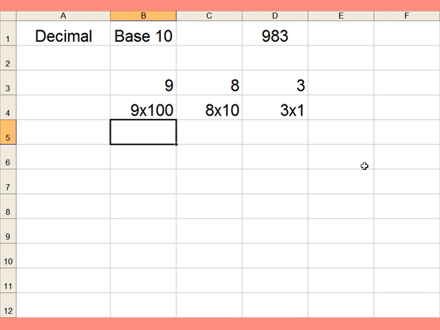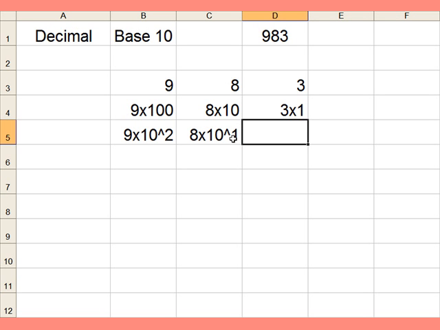When we say that this is base 10, that can be thought about by saying, well, 9 is 9 times 10 to the power of 2. 10 to the power of 2, 10 squared, is 100, and this is 8 times 10 to the power of 1, and this is 3 times 10 to the power of 0.